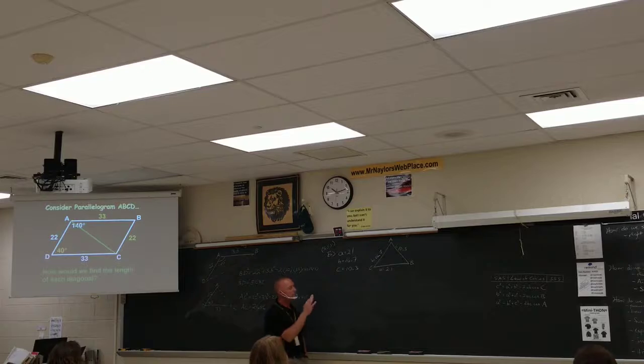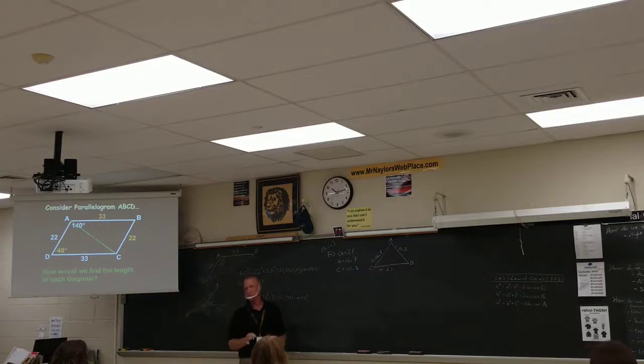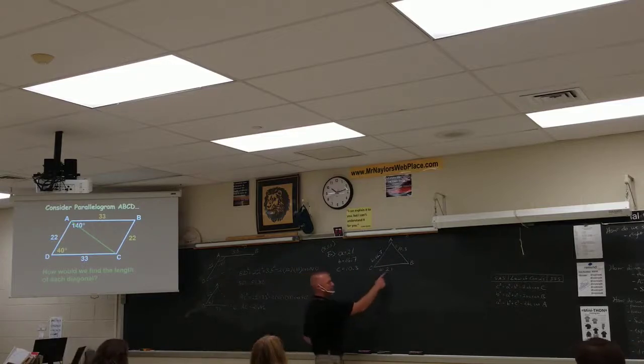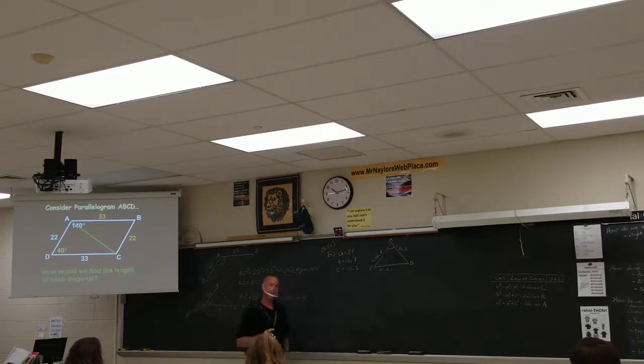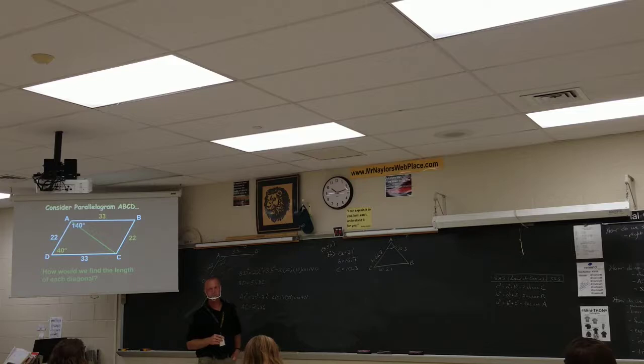Now, it kind of seems like I could find any angle. And on one level, you could. But I'm going to tell you a little secret. If you find the angle that goes with the biggest side, you're going to prevent yourself from creating a no solution possibility.